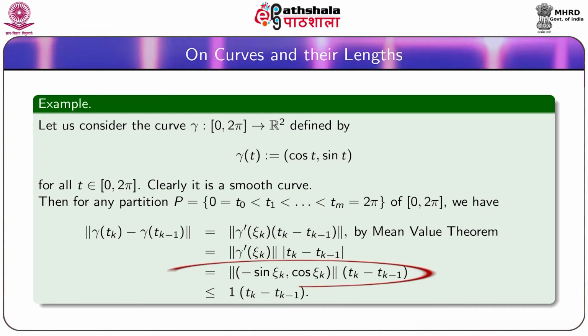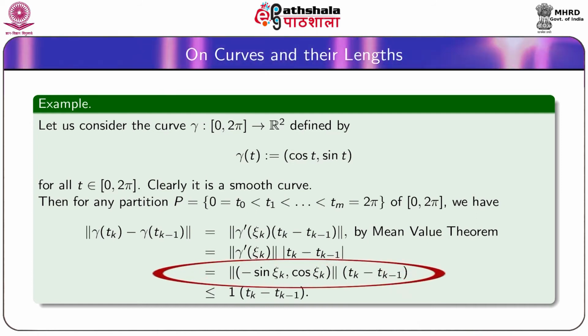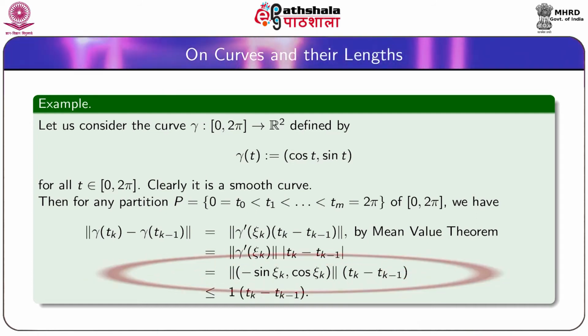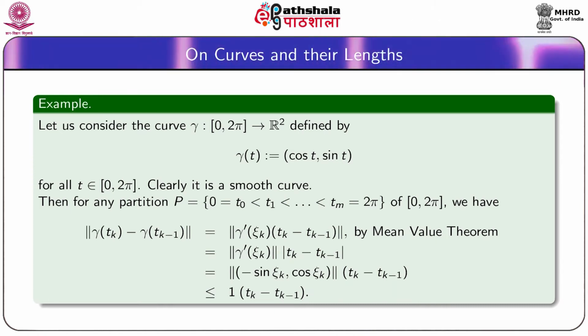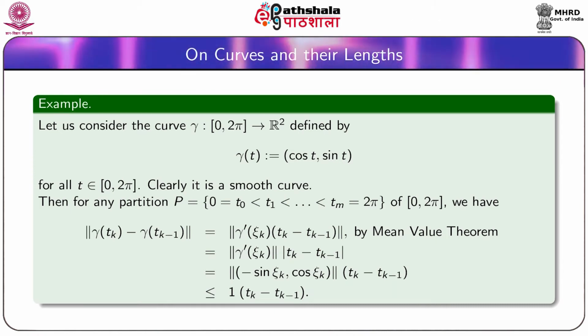So, this equals the norm of the vector (minus sine xi k, cosine xi k) multiplied by (tk minus tk-1). Since the sequence t0, t1, ... is increasing, tk minus tk-1 is positive. So, this is less than or equal to 1 times (tk minus tk-1).